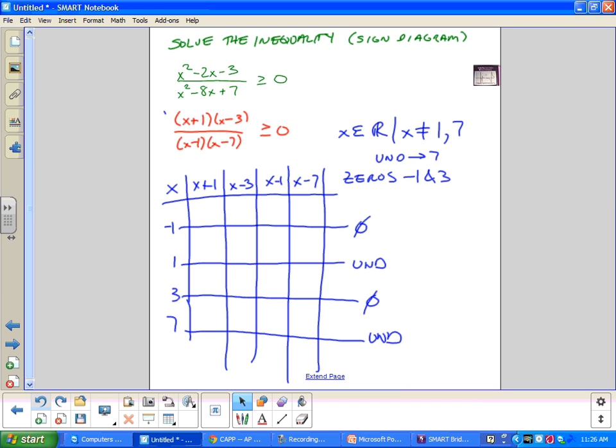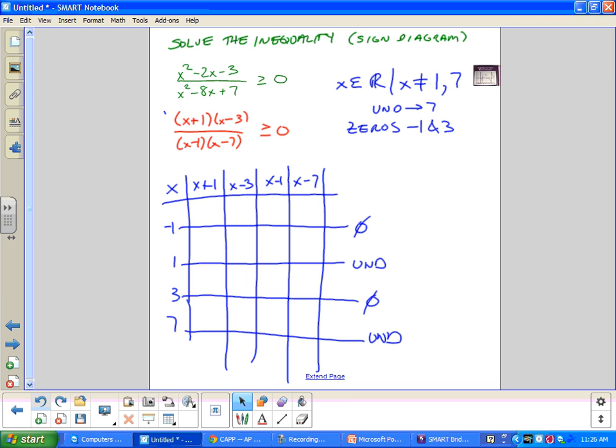I move this stuff up to give myself a little bit of room. I am looking for when all this is greater than or equal to 0. So I call it f of x, and say f of x is going to be greater than or equal to 0. Well, I got 2 places where it's 0, so I know 3 and -1 are part of my answer right now. But now I have to do the signs.